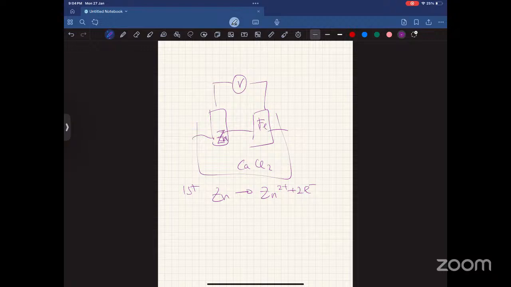And then the next one is hydrogen. Again, 2H+ + 2e- → H2.